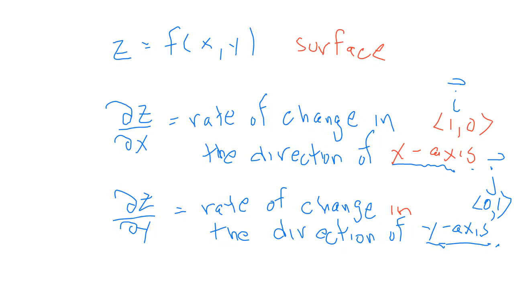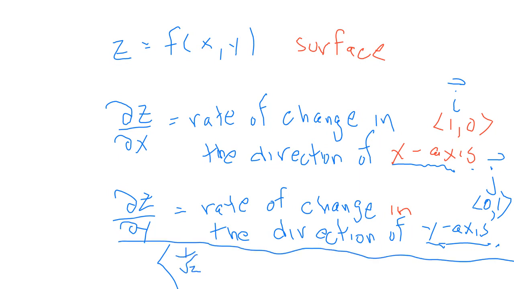But what if you didn't want to move in the direction of the i vector or the direction of the j vector? What if you wanted to move, for instance, along the surface in this direction? Suppose you wanted to move in the direction of 1 over root 2, comma, 1 over root 2. Could we find a rate of change in this direction?